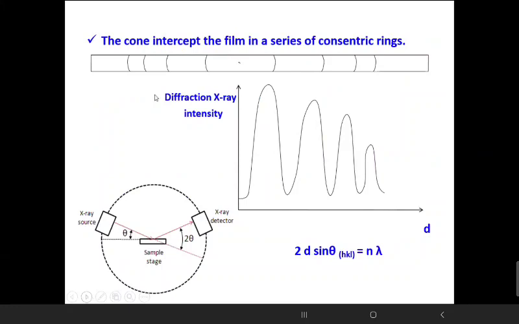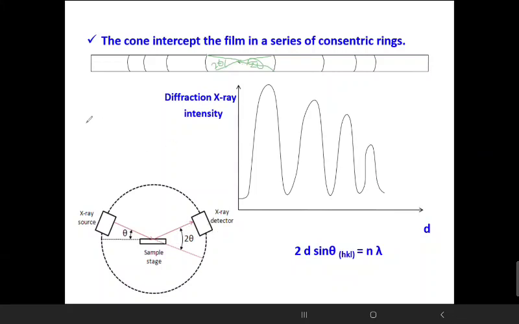Here you can see the cone intercept. This is 2 theta. This is a cone which contains 2 theta. One cone contains 2 theta.